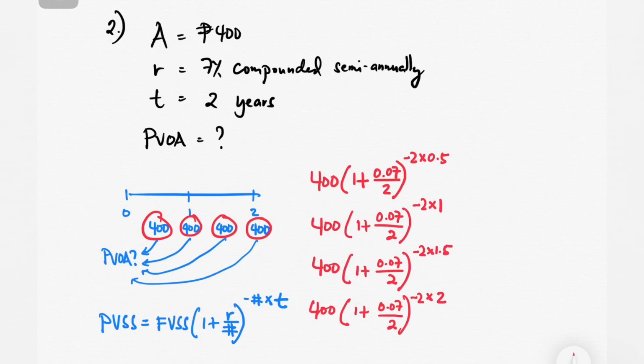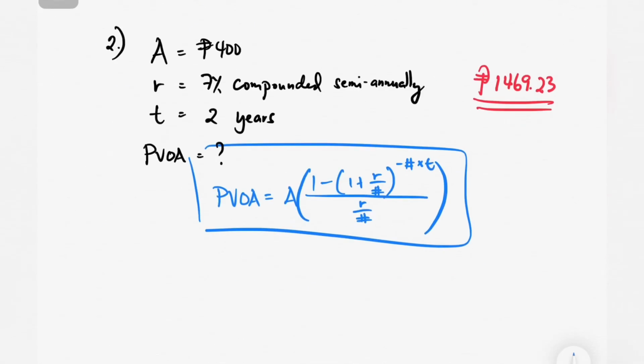And then to compute the present value ordinary annuity, you need to get the sum of these 4. The answer is 1,469.23. Now let's try to solve the same problem, but this time using the present value ordinary annuity formula. And on the side, I place the answer from our single sum computations. So let's see if we will get the same amount using the formula.